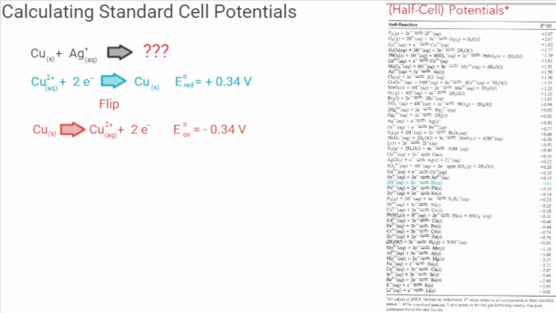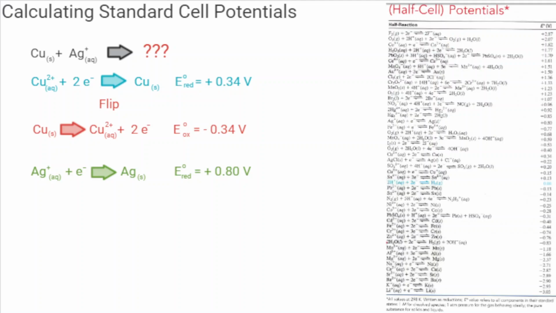Now we want to tackle the silver plus. For the silver plus, we are able to pull from our standard reduction potentials: silver plus plus an electron yielding silver solid with a standard reduction potential of positive 0.8 volts.